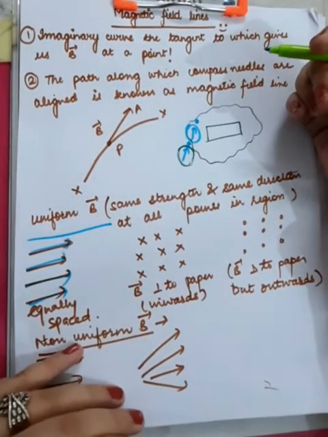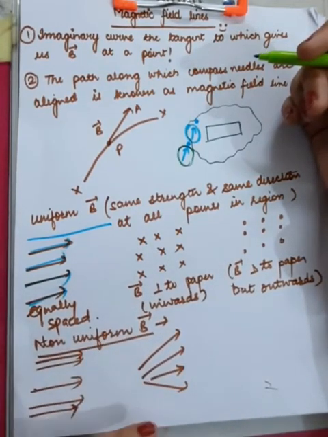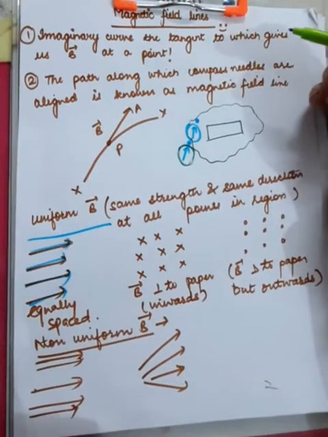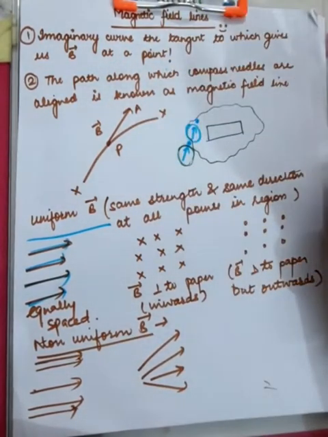Next is non-uniform magnetic field. Non-uniform magnetic field is the one which does not have the same strength and the same direction throughout. Its strength can vary at different points of space.